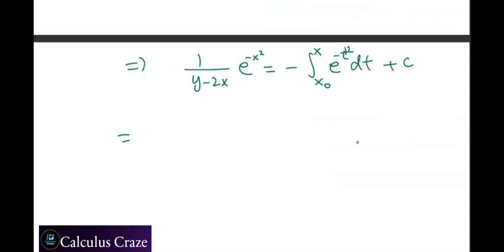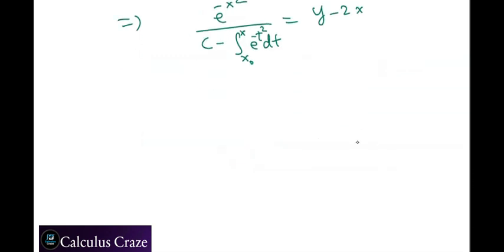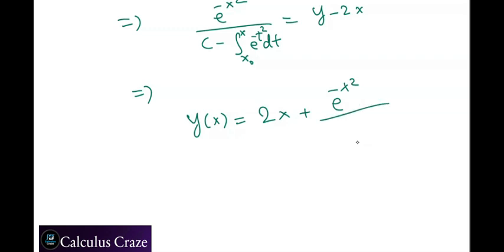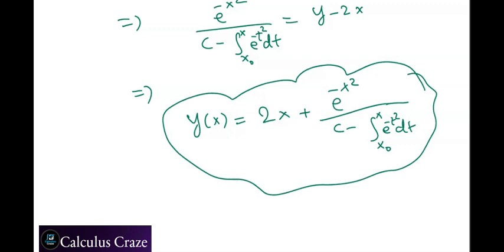So I can write this equation in this form: c minus the integral from x naught to x of e to the minus t squared dt equals y minus 2x, but that can be written as y of x equals 2x plus e to the minus x squared divided by c minus the integral from x naught to x of e to the minus t squared dt. So that's the solution to that Riccati's equation.